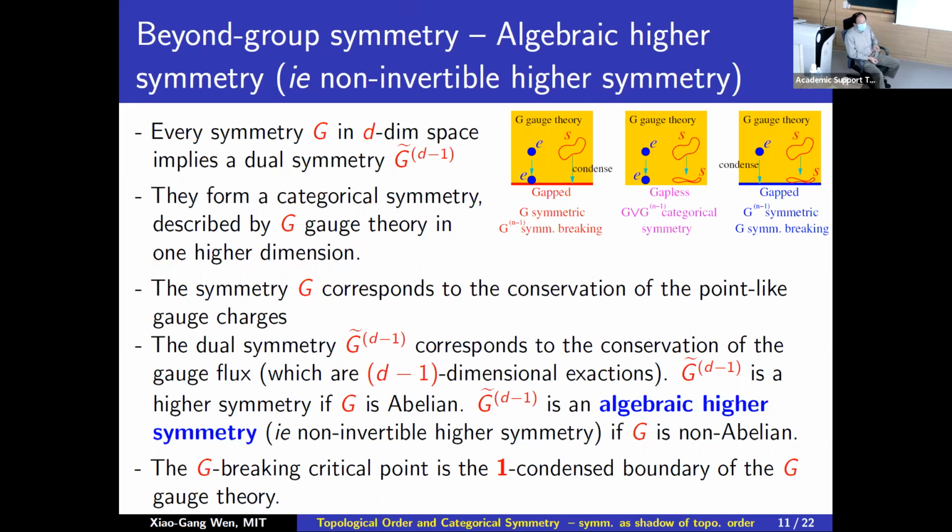That means this higher symmetry actually is not abelian, because for a higher group, the higher symmetry is always abelian. It's a requirement for some reason. But for the gauge flux strings and membranes, their fusion is not abelian, so it's something beyond the group. So it's very natural: the dual symmetry of a non-abelian symmetry is already beyond group symmetry, beyond higher group symmetry.